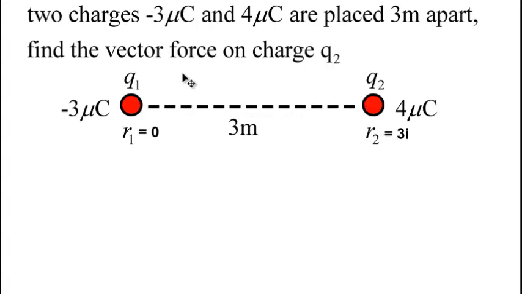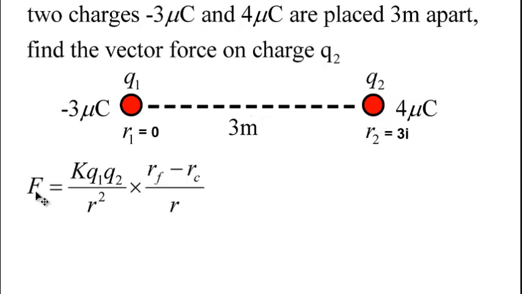So as we have given our origin and from the origin gotten our positions for the different charges, then we'll apply the formula. F equals kq1q2 over r squared multiplied by the position of the charge feeling the force minus the position of the charge causing the force, divided by the distance between them.